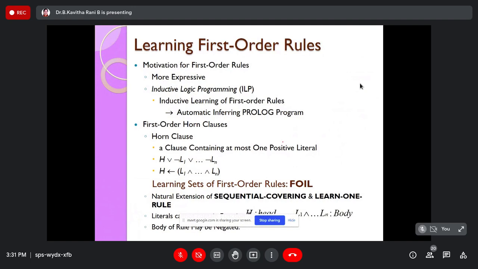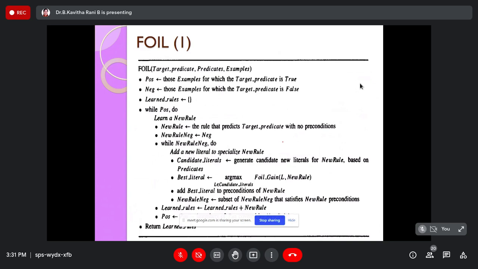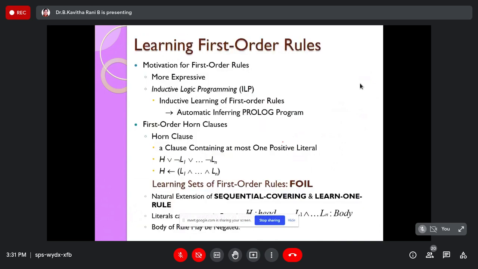So next is learning first order rules. This is also called FOIL. This algorithm is similar to the sequential covering algorithm.